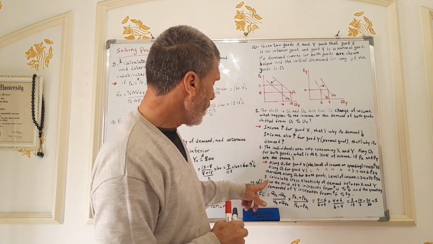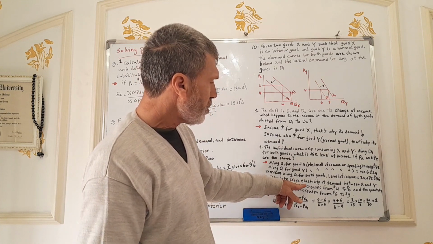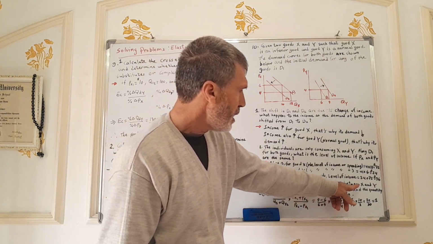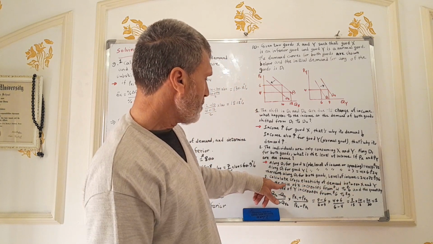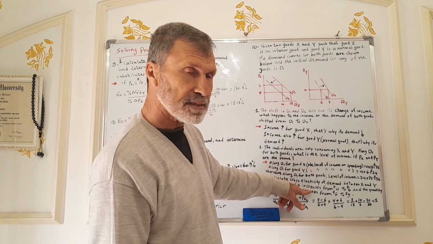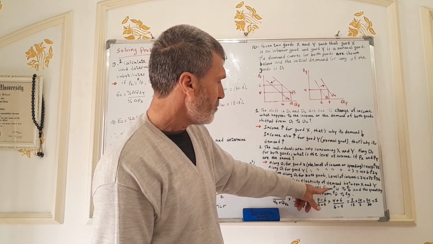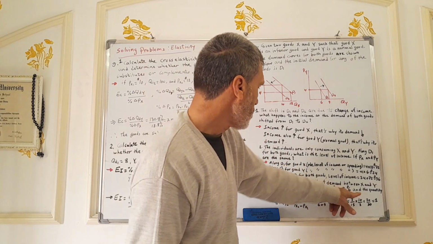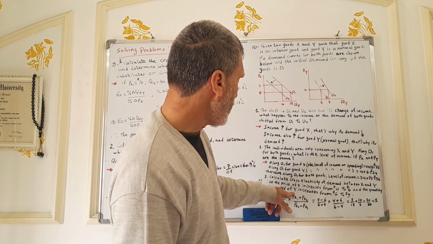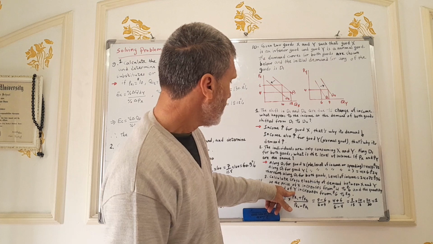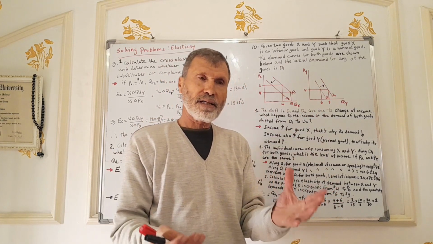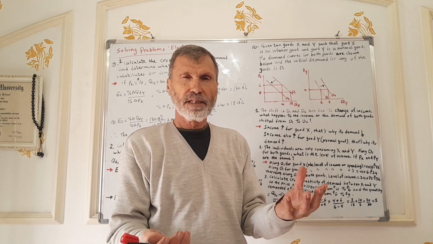Now, 3, calculate cross elasticity of demand between X and Y as the price of X increases from 4 to 6, and the quantity demanded of Y increases from 6 to 9. There is some kind of influence.